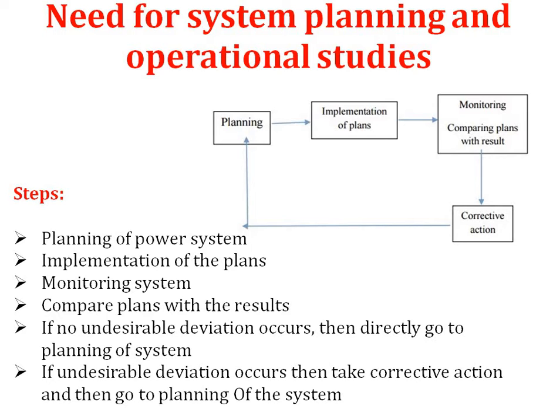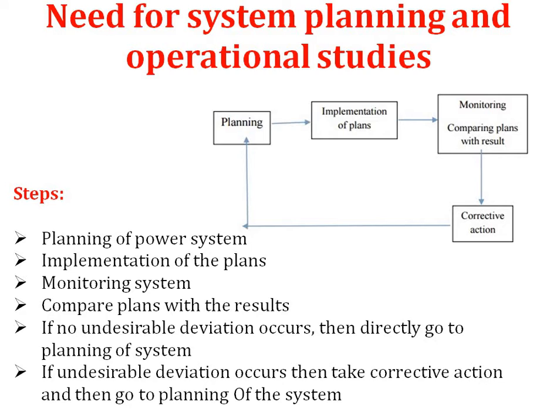Then the monitoring system, that means voltage, current, power factor, power, frequency. And corrective and preventive action means we have to correct the power factor for the demand of the load, either reactive power or active power. That will be corrected for the power system.